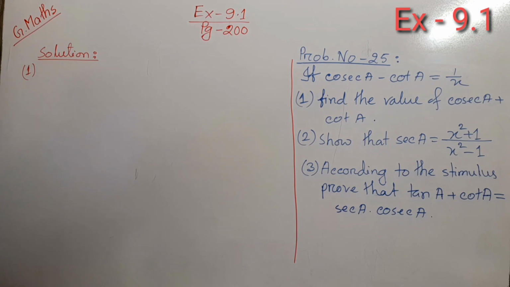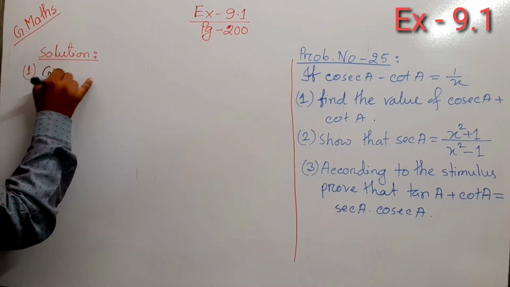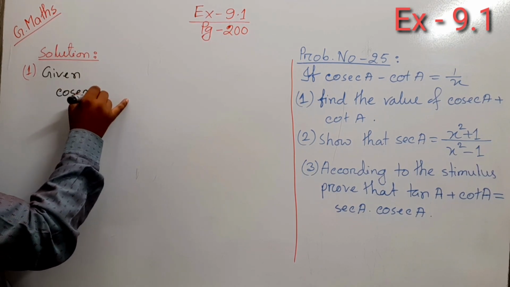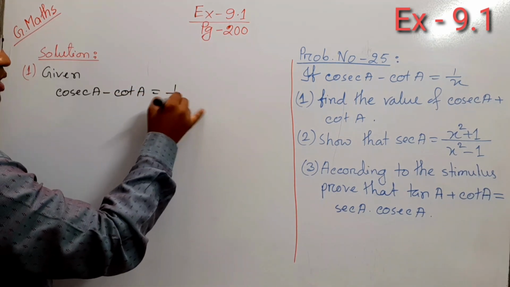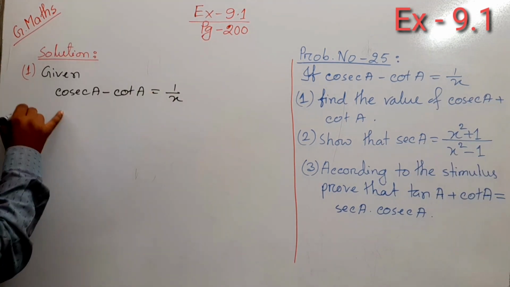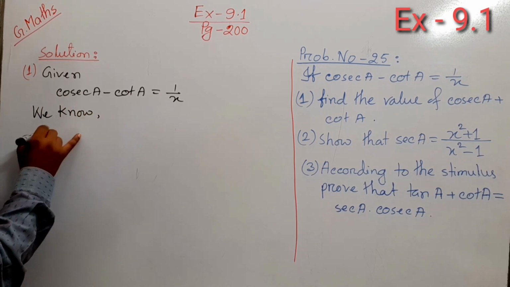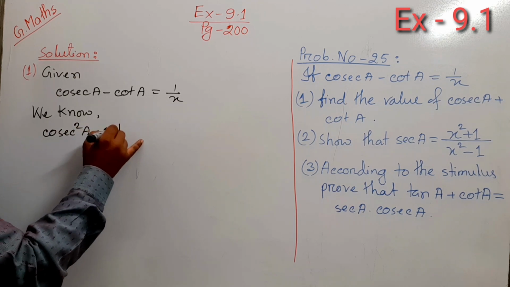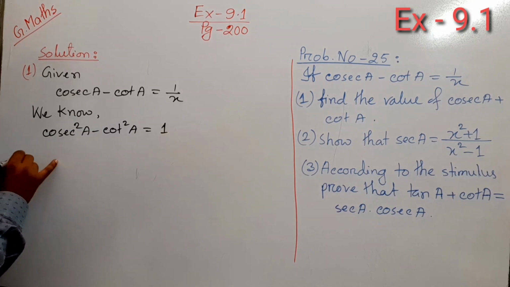Sub number 1. Given cosec A minus cot A equals 1 by x. We know cosec square A minus cot square A equals 1.